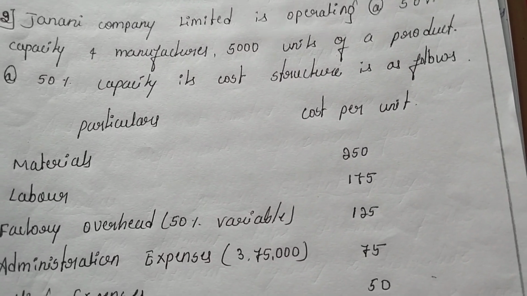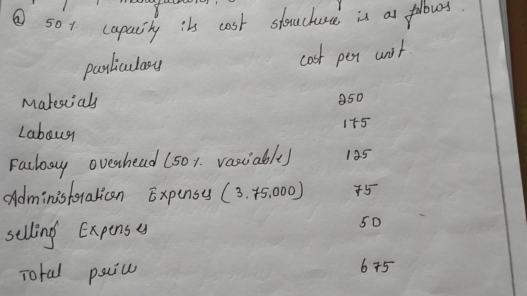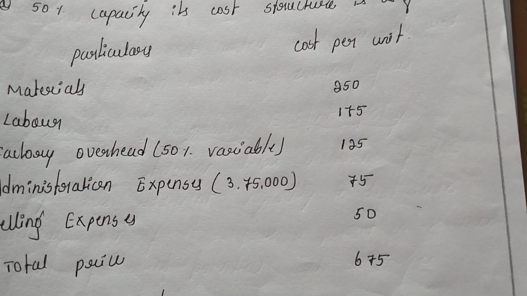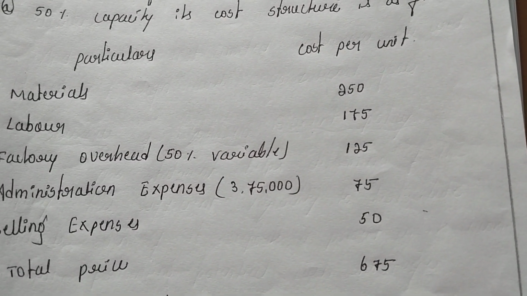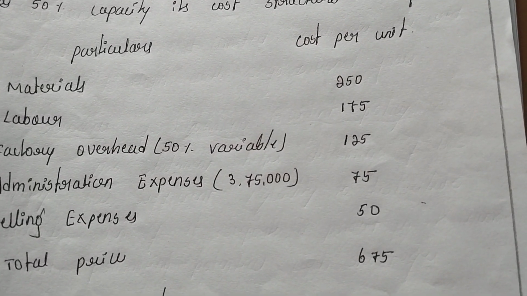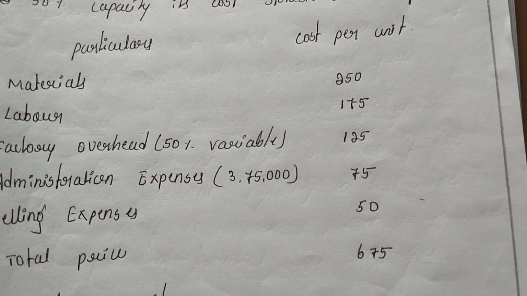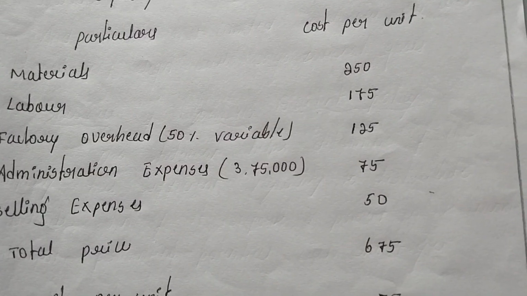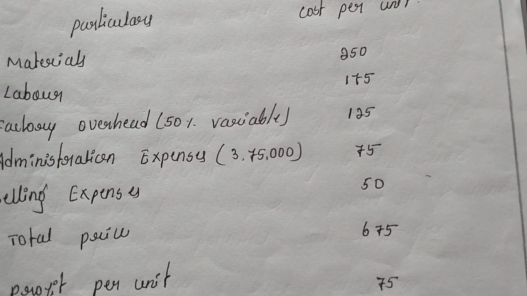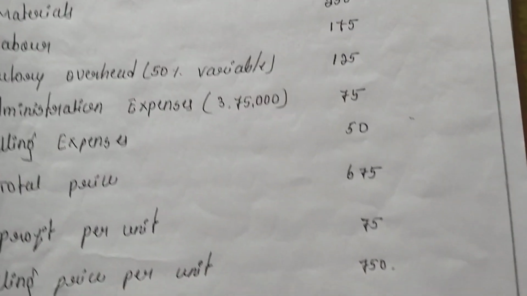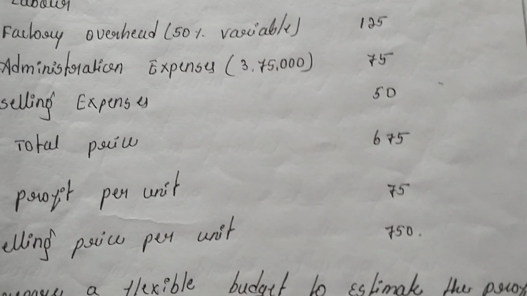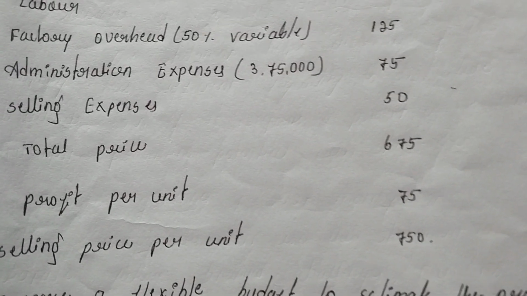Materials 250 per unit, labor 175 per unit, factory overhead 50% variable 125 per unit, administration expenses 3,75,000 which is 75 per unit, selling expenses 50. Total cost is 675 per unit, profit per unit is 75 rupees and selling price per unit is 750.